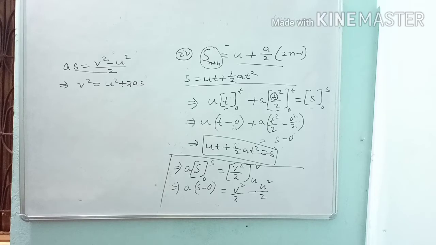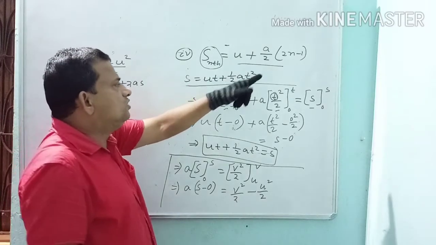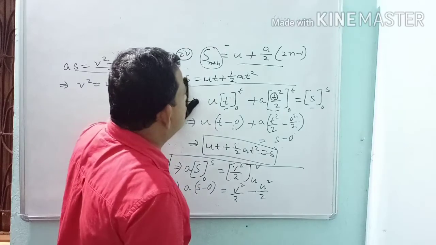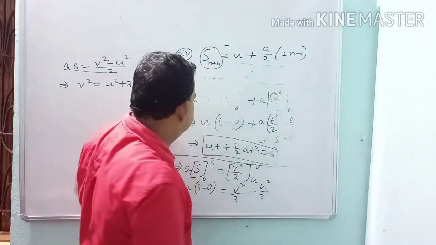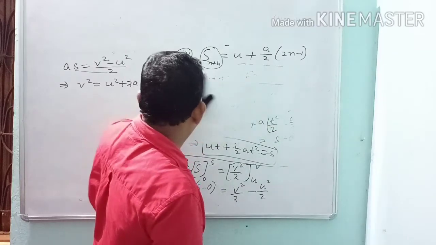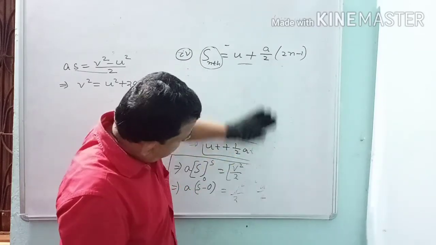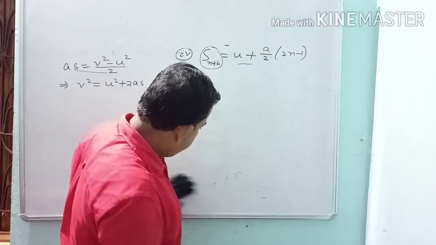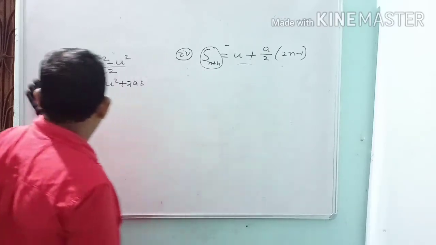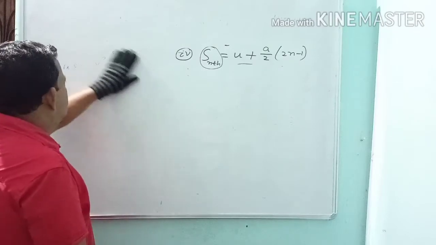Then the last equation, which is very important, that is Snth = u + (a/2)(2n − 1). So how to derive it? Okay, students, what is the meaning?